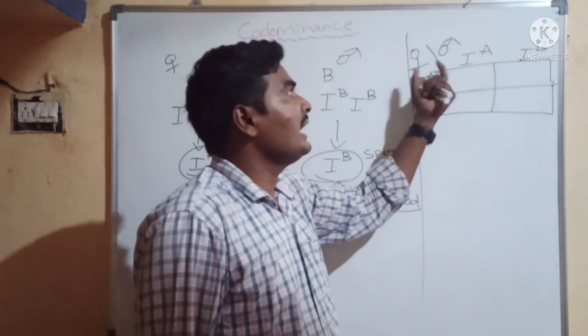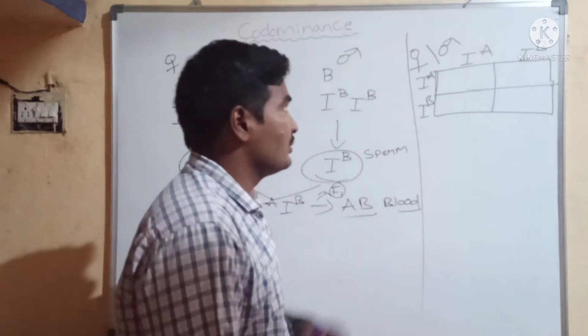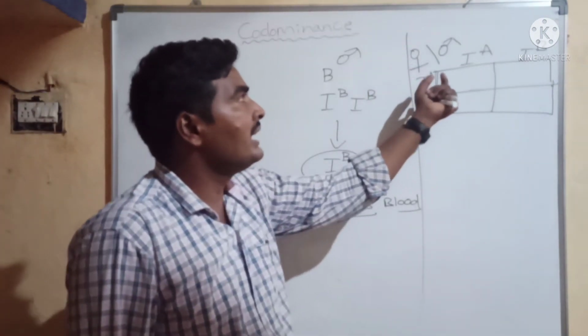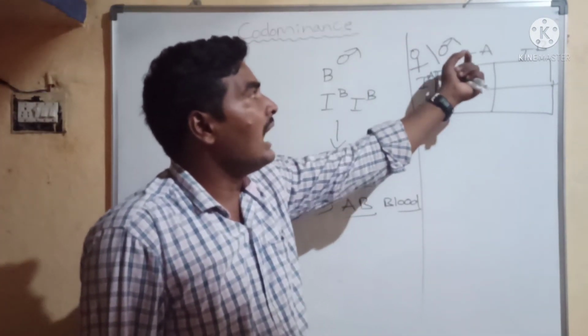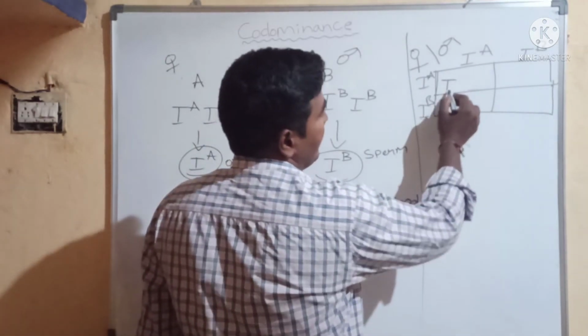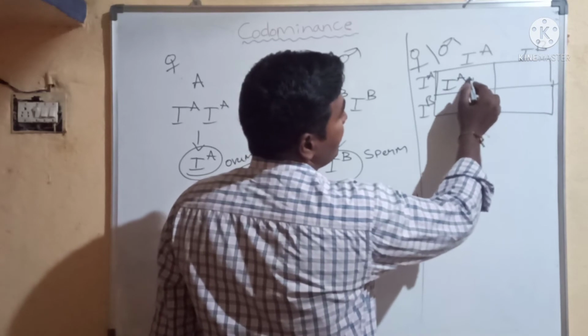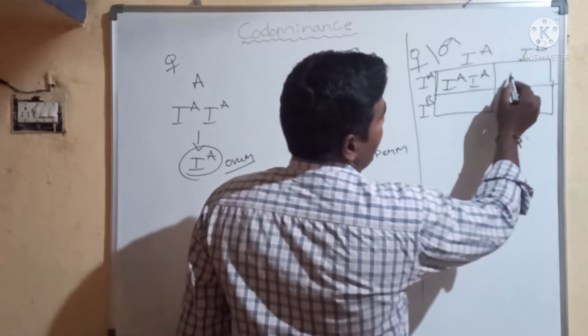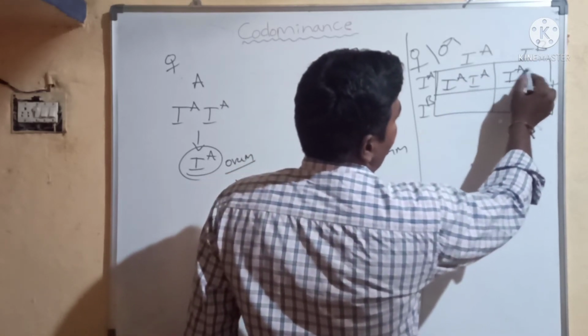The two different types of gametes can fuse. The female gamete IA fuses with the male IA gamete, and we get IA IA, the A blood group.